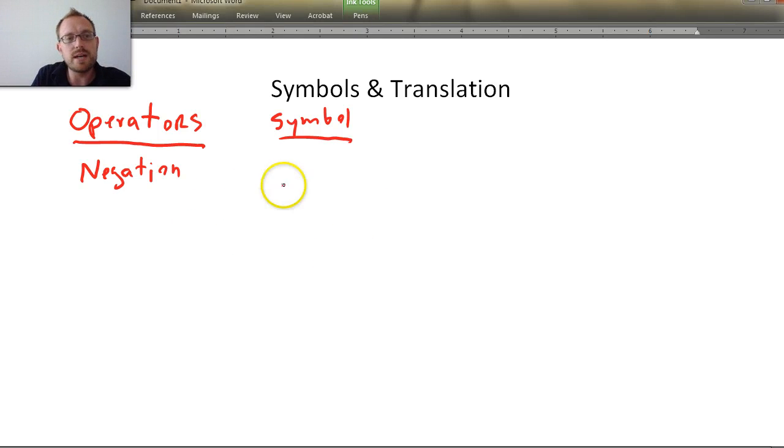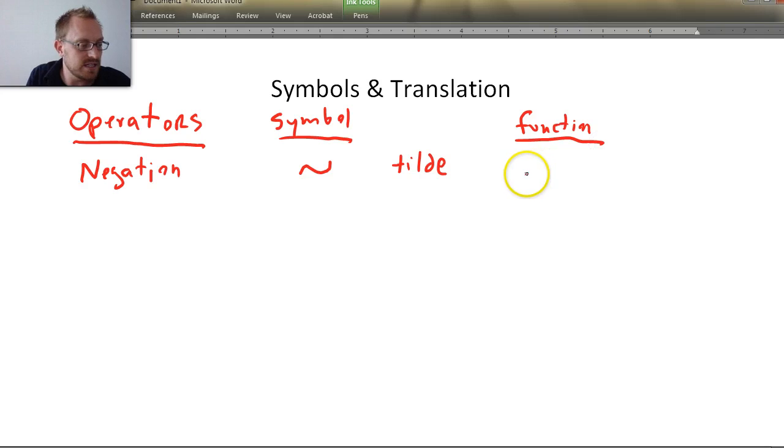So we have a negation. We're going to symbolize that by a little squiggly line. In fact, if you look at your keyboard, it's right underneath the escape key. It's a little squiggly line, and this is called a tilde. That's what we actually call this thing, right? And what is the function of this? It is to negate.